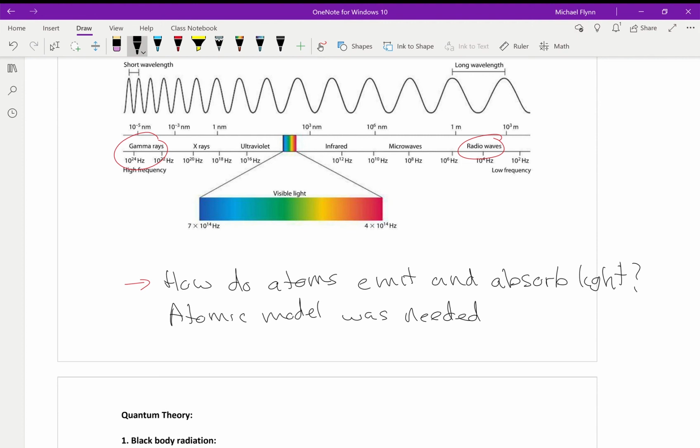Based on what you've learned in science and chemistry and everything else, you already know what atoms look like. They didn't know. The atomic model that you've seen already, and I hope you appreciate it, is a very strange thing.